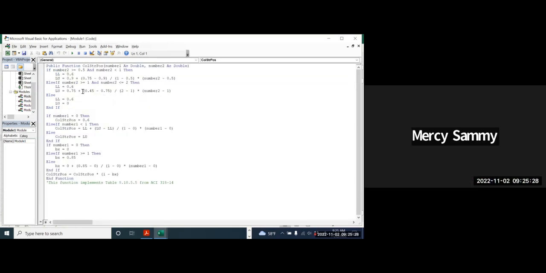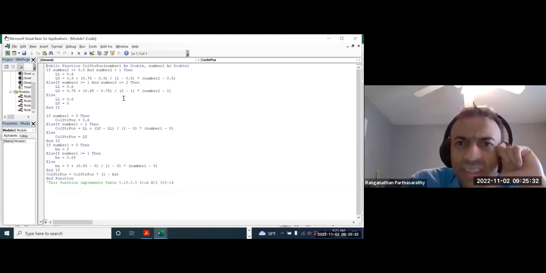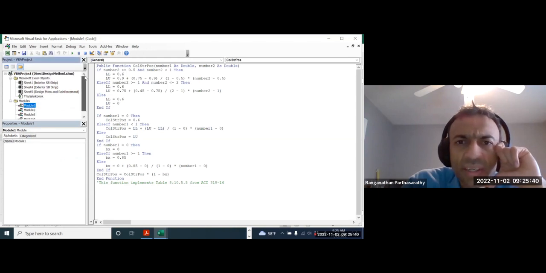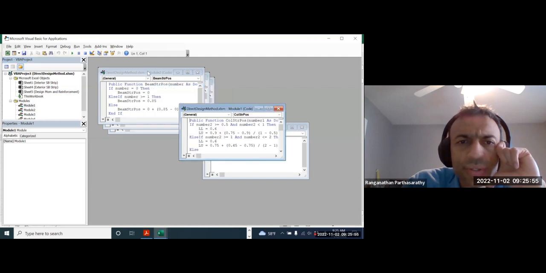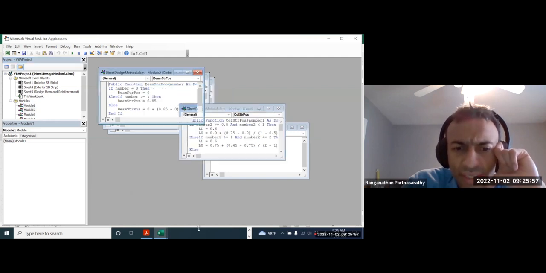So that's the one which I wrote quite long back, so I even forgot how to access those. But for each of them, there is a code. You can access those. Each function has a code here.